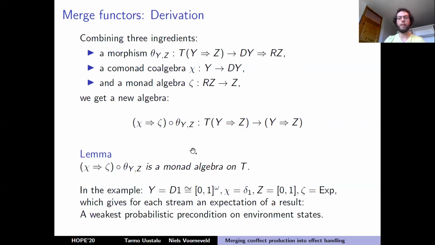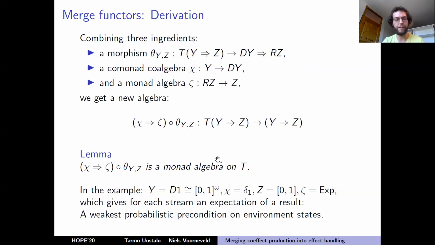And the nice thing about this representation is that now we have one effect handler that handles everything in one go, where we have a program that may raise some effects, and then we get some predicate on the final state when the program terminates, and it then retrieves a predicate on the initial state, which can be interpreted as a weakest precondition.